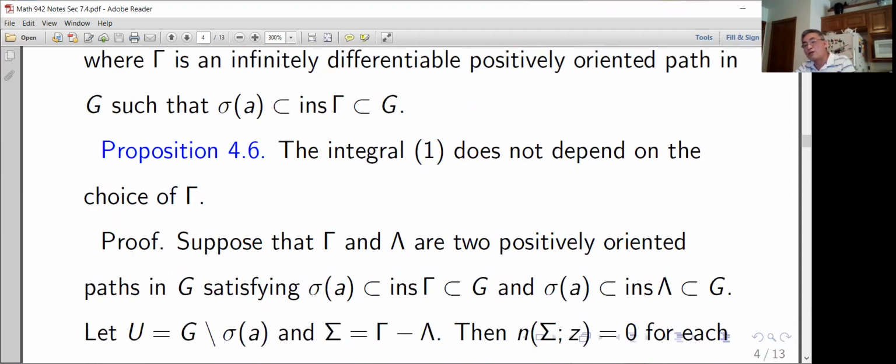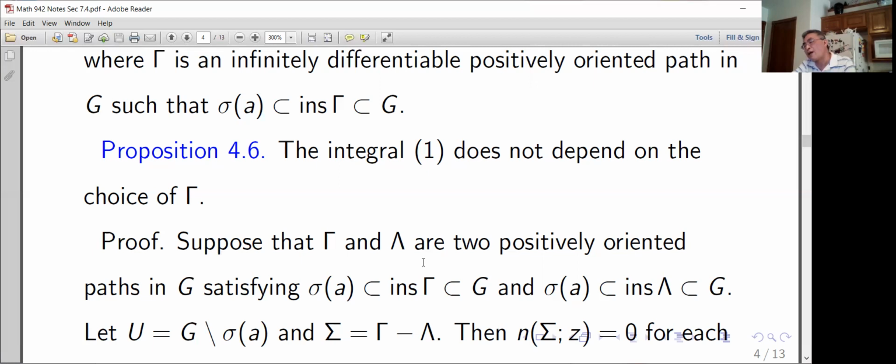So then we take U, which is G minus sigma of A. U is an open region, because G is open, and sigma of A is compact and hence closed. And let sigma be equal to gamma minus lambda. Gamma minus lambda means gamma plus lambda with reversed orientation.